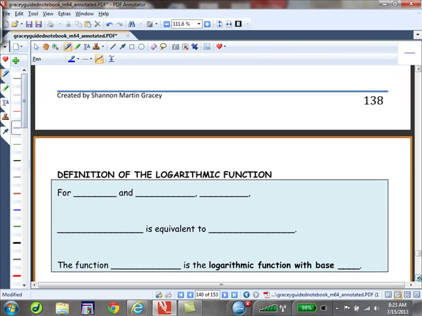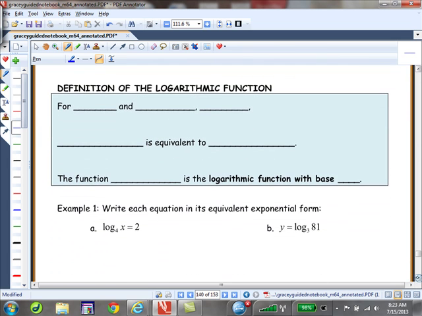We now move into the definition of the logarithmic function. Basically, the exponential and logarithmic functions are inverses of each other when they match up.